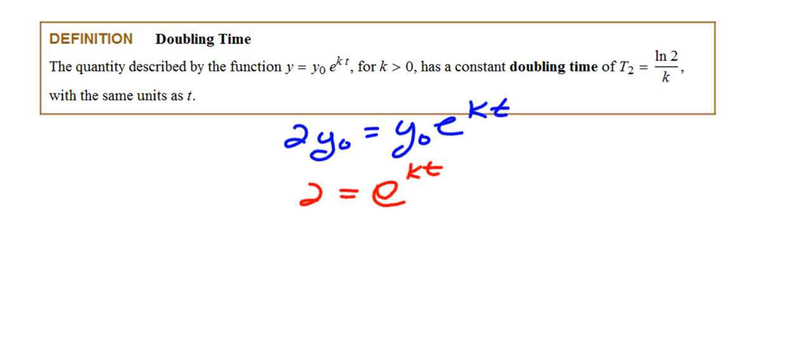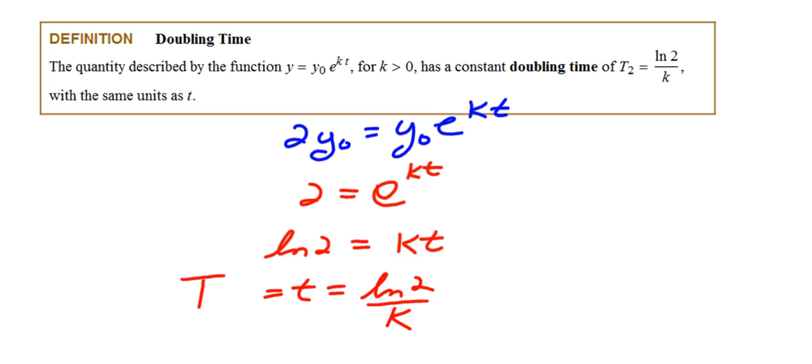Then we take the natural log of both sides so that we get this, and they divide by k. So we have that time is going to be ln of 2 divided by k, and they're calling this capital T sub 2 for doubling. Then you can use any equation that you need real quickly. If you need to find t, or if they give you t and you need to find k, it is quite easy to use this equation to solve your exponential problem.